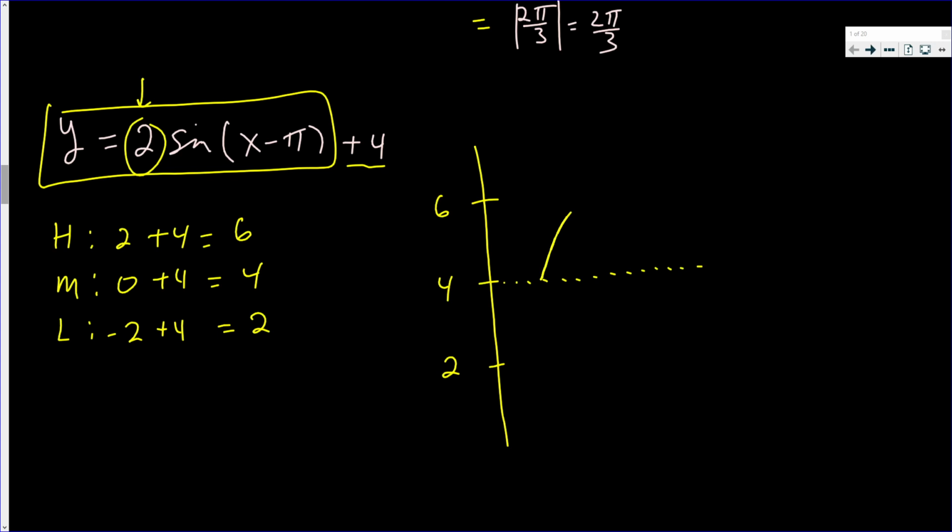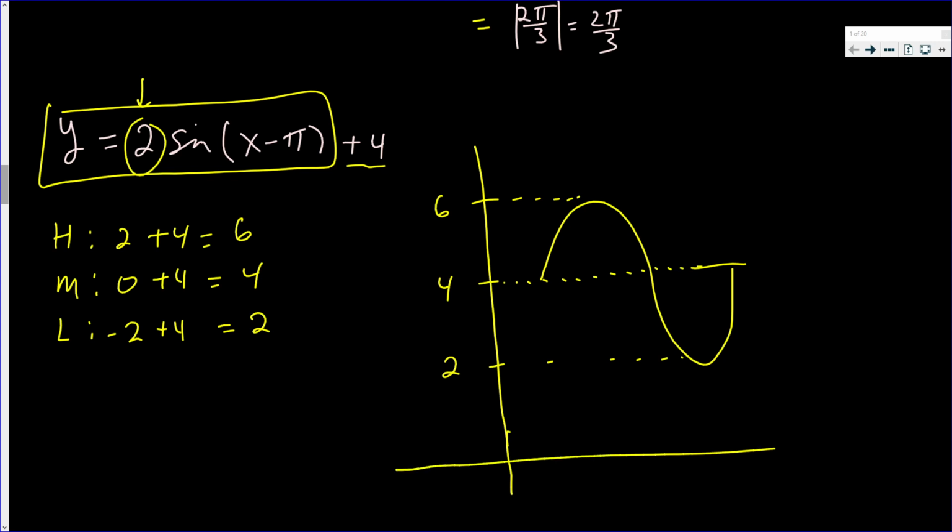I draw a positive sine graph, where the highest went to 6 and the lowest went to 2. So I guess that means that for sure the x-axis is there. Again, I don't promise that that's the y-axis. It'll be a coincidence if it is.